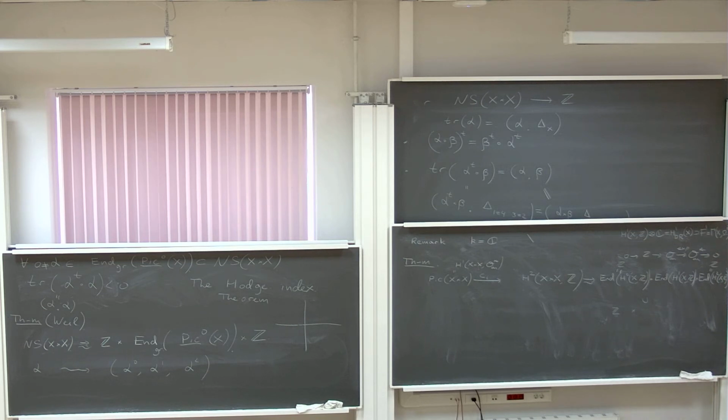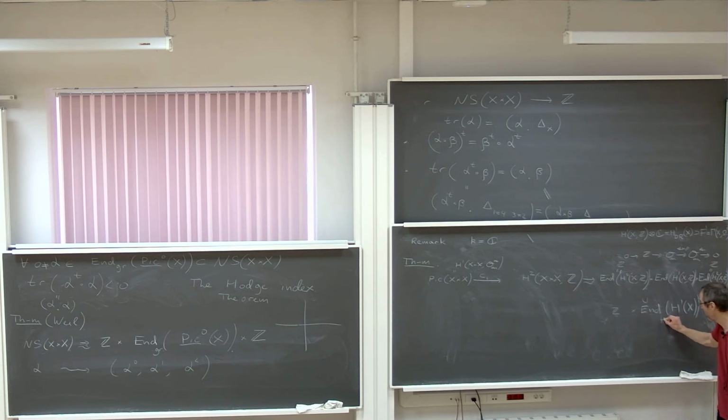So what would be the reasonable conjecture now? What should be the image of this cycle class map? The answer is that you just take all endomorphisms of H1 of X, viewed as a Hodge structure.